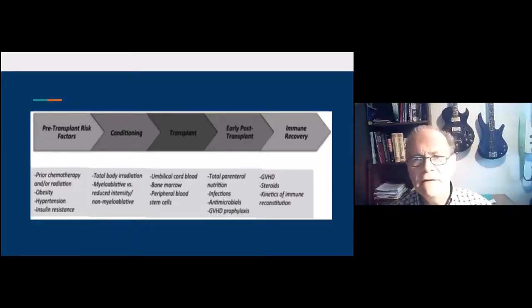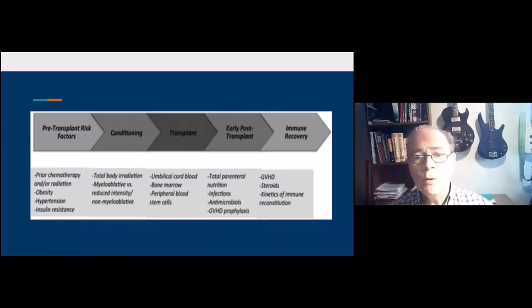Here you have the process with the post-transplant risk: prior chemotherapy and or irradiation, some comorbidities, obesity, hypertension, or patients with diabetes with insulin resistance. During the conditioning regimen before the infusion, there is the total body radiation, and the differences between myeloablative versus non-myeloablative conditioning.